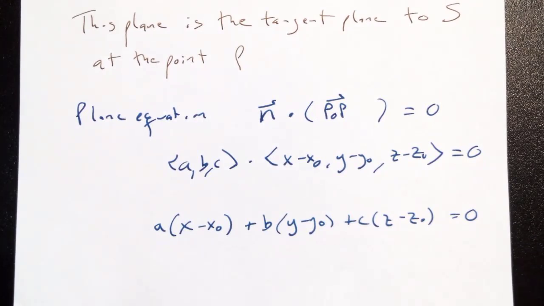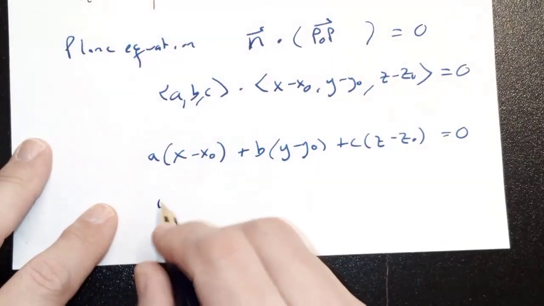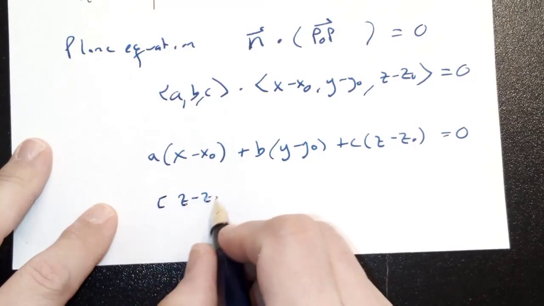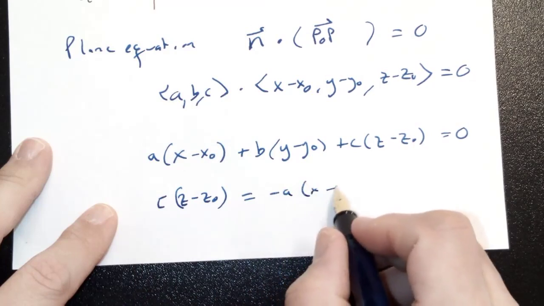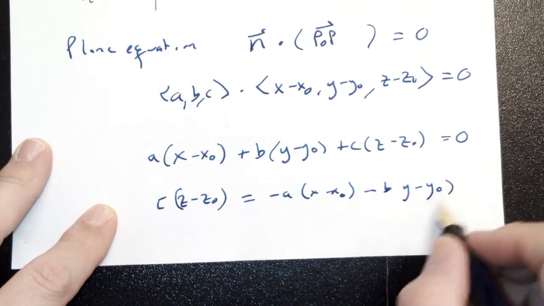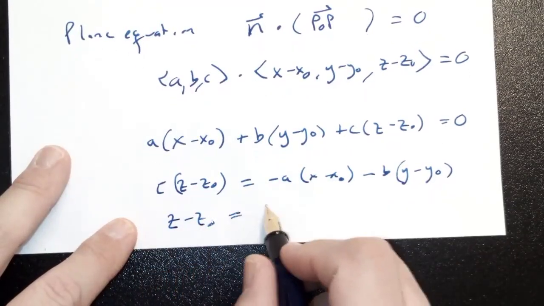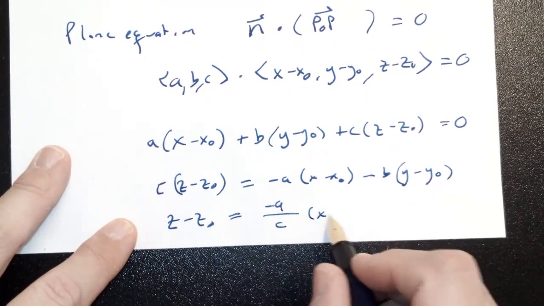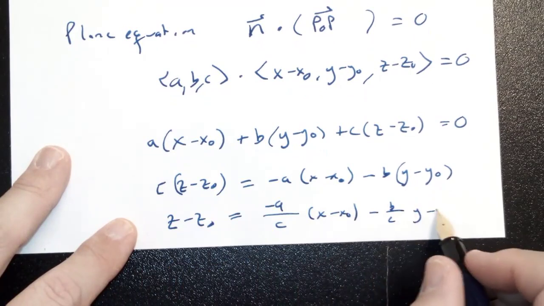So let me take this equation and rearrange it. We divide by c. Z minus z0 equals minus a over c times (x minus x0), minus b over c times (y minus y0).